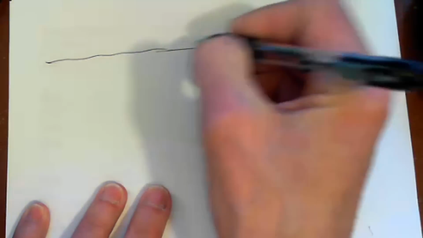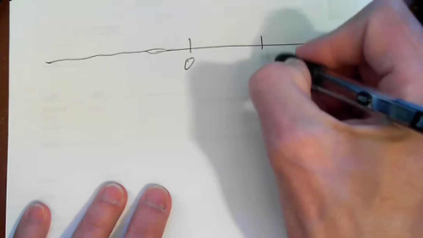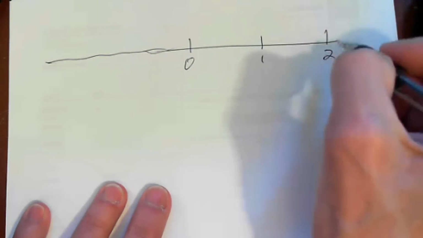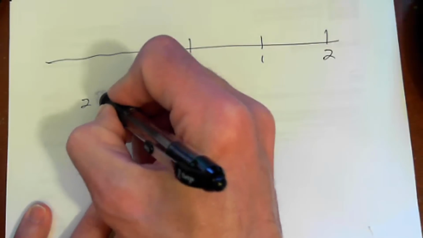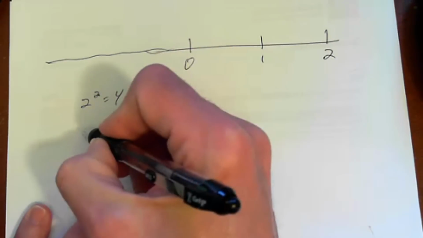So now let's get into the math of the Mandelbrot set. What exactly is it and how does it work? To understand the Mandelbrot set, let's just start with a number line and some squaring of numbers. So here's 0 on the number line, 1 and 2. If I take 2 and square that, that's going to give me 4.